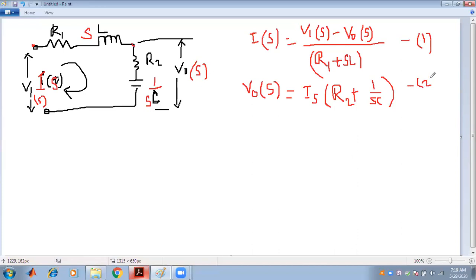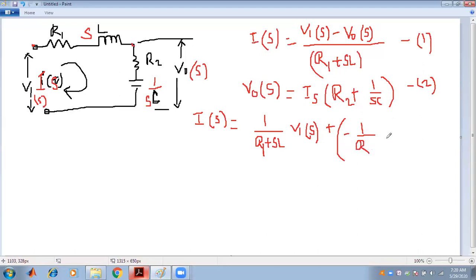Putting the V0 value from equation 2 into equation 1, we get IS equal to 1 by R1 plus SL times V1 minus V0.